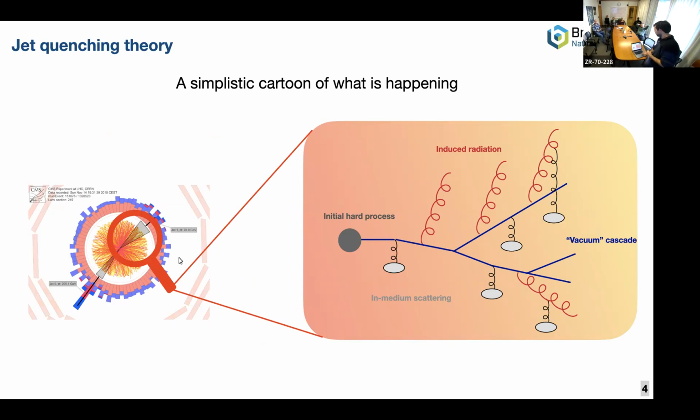The idea is that if you look inside of this object, what you would see is an initial hard process which happens at the same time as the collision of the two nuclei. There is this blue cascade here, which is the virtuality cascade. But at the same time, the particles inside these cascades can still interact with the particles in the medium, which are denoted by these gluon exchanges with these blobs. Since there is a momentum exchange, these interactions deflect the trajectories of these particles.